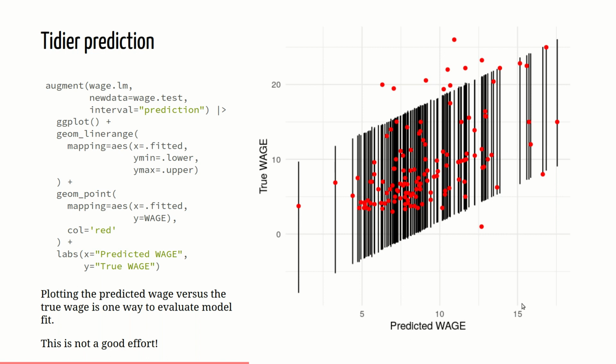For example, with a predicted wage of 12 again, we're predicting their wages somewhere between $4 and $21 an hour, which is not a very useful range, right? Almost everyone earns between $4 and $21, so there's very little relationship between these two things. We had a hint of this back when the multiple R squared was just 0.3. We've only explained 30% of the variation in wage using this model, so we shouldn't expect the predictions to be any good.